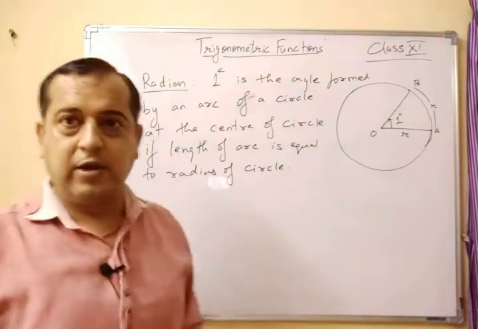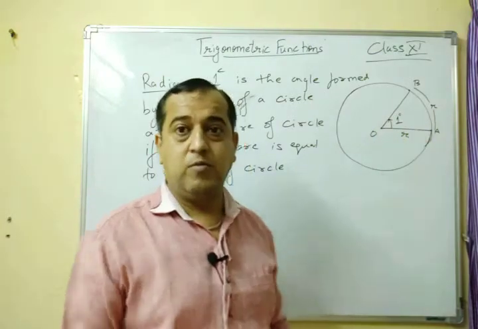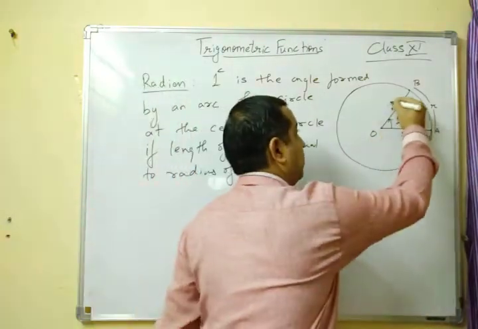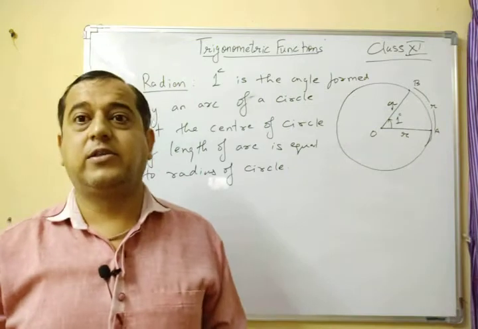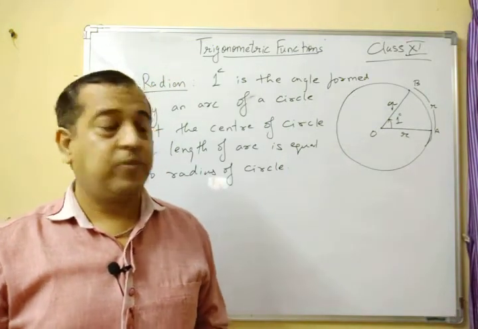If the length of arc is equal to the radius of the circle, the length of arc and the radius of circle both are one and the same. In that case, the angle formed at the center is 1 radian.